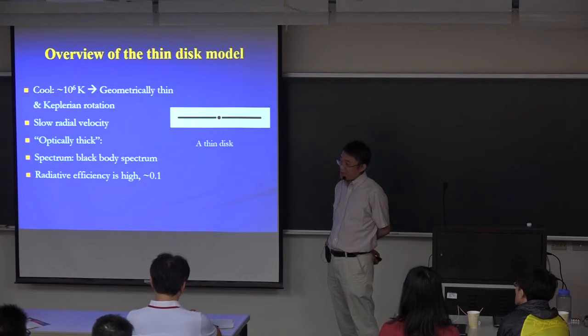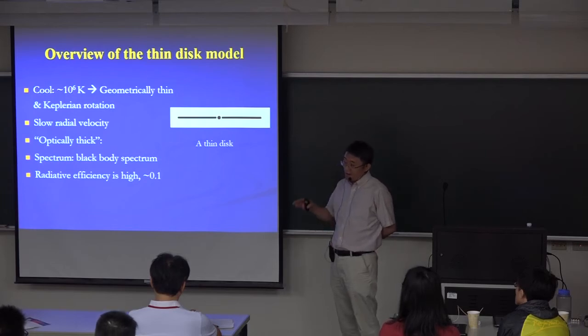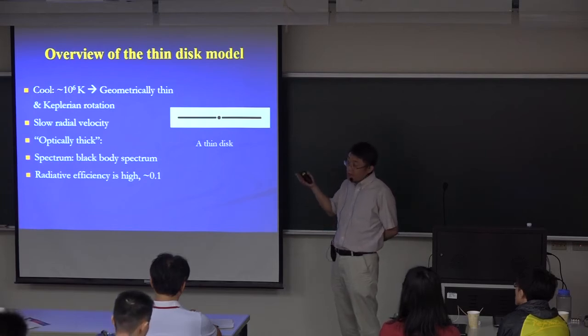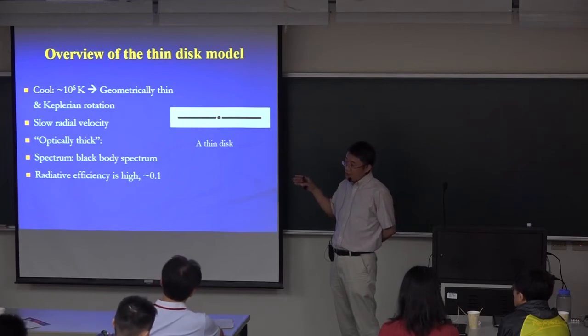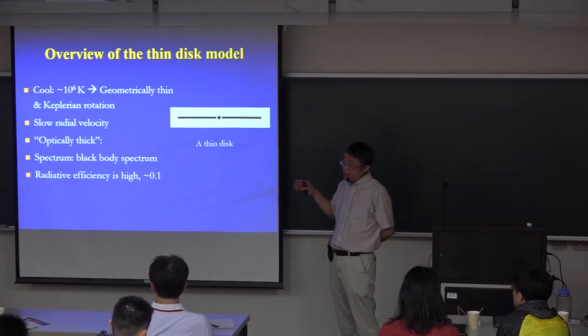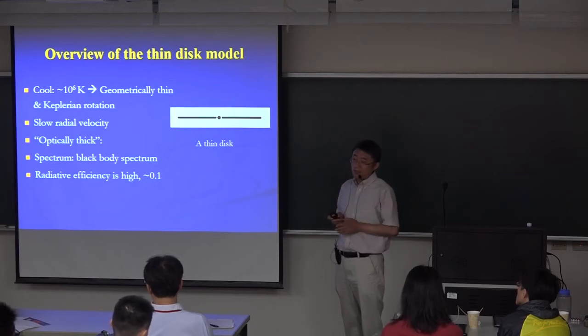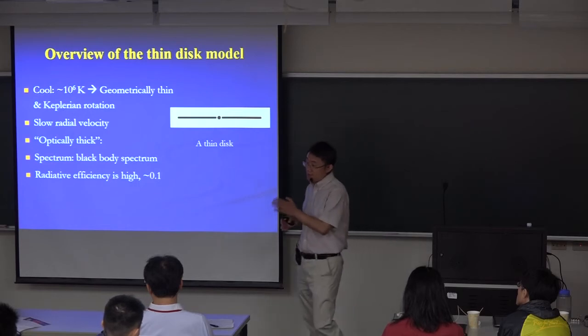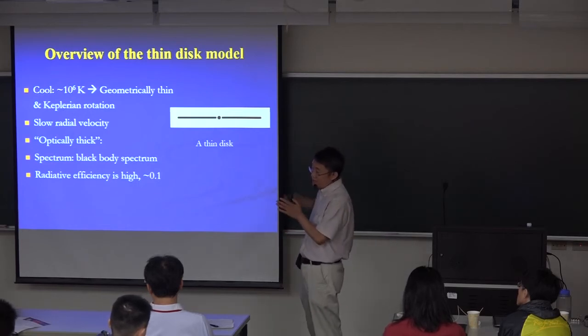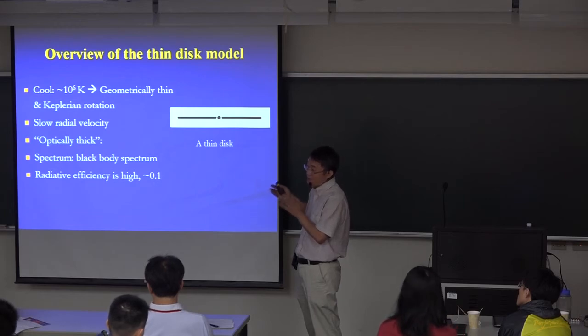But for luminous AGN, for example quasar, beyond some certain radius, the mass of the disk will become comparable to the mass of the central black hole. So in that case, we will have gravitational instability. Typically for quasar, it is several hundred Schwarzschild radii. Beyond this radius, the mass will become quite important, and the disk becomes gravitationally unstable.